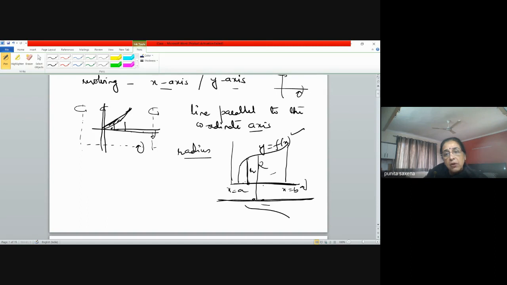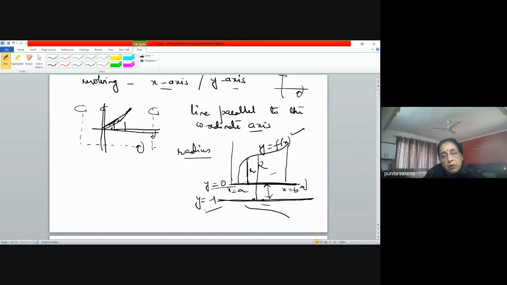Accordingly, supposing this line is y equal to -1 and this is the axis of revolution and not the x-axis. The x-axis is the line y equal to 0. So when you are revolving about the x-axis, you are revolving about the line y equal to 0.